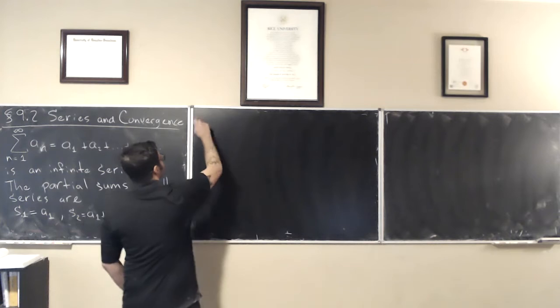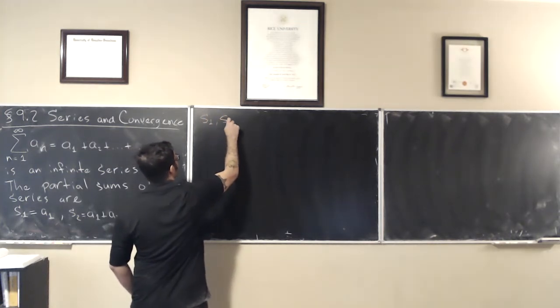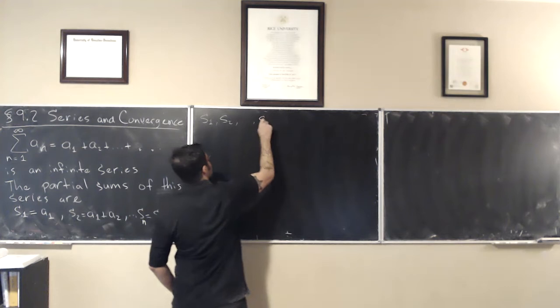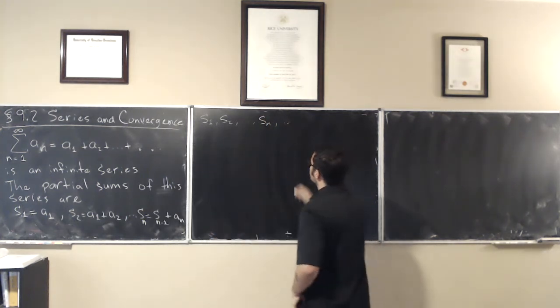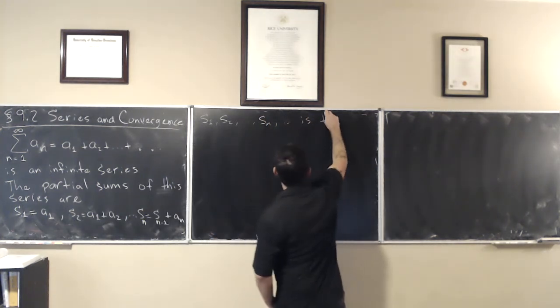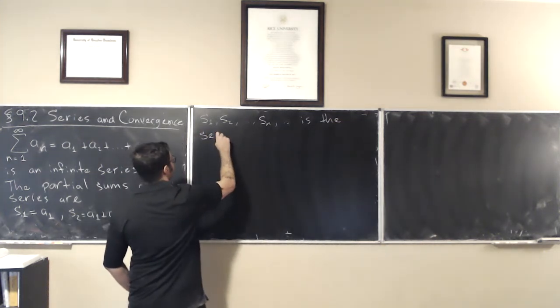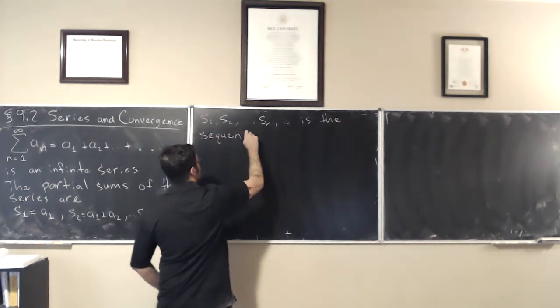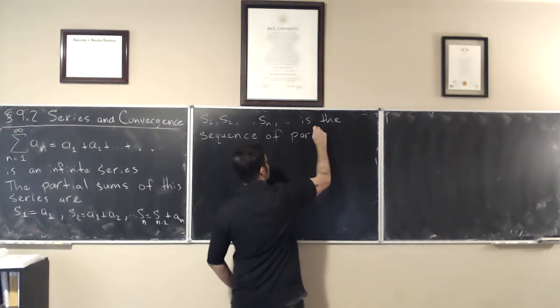So we have S1, S2, dot dot dot, Sn, the partial sums, which is the sequence of partial sums.